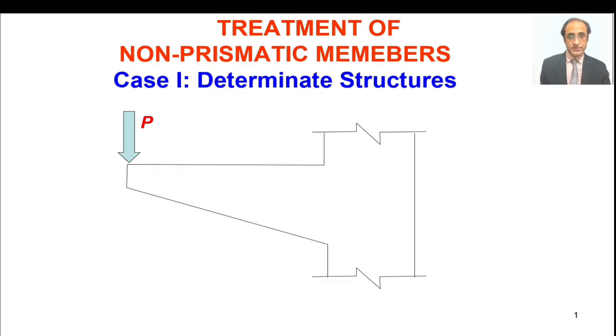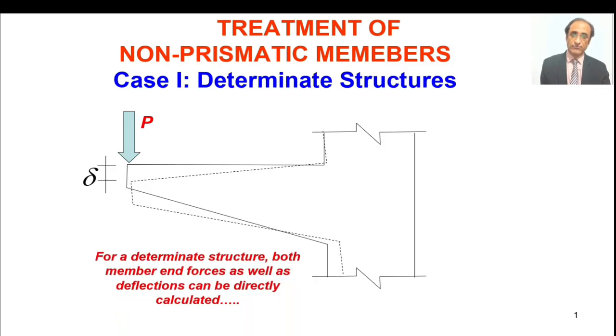So let us first consider determinate structures and see how we deal with the approach. In determinate structures, if we encounter the application of loads and there is an elastic displacement, then the advantage is that both member end forces as well as the deflections can be directly obtained without bringing compatibility conditions.